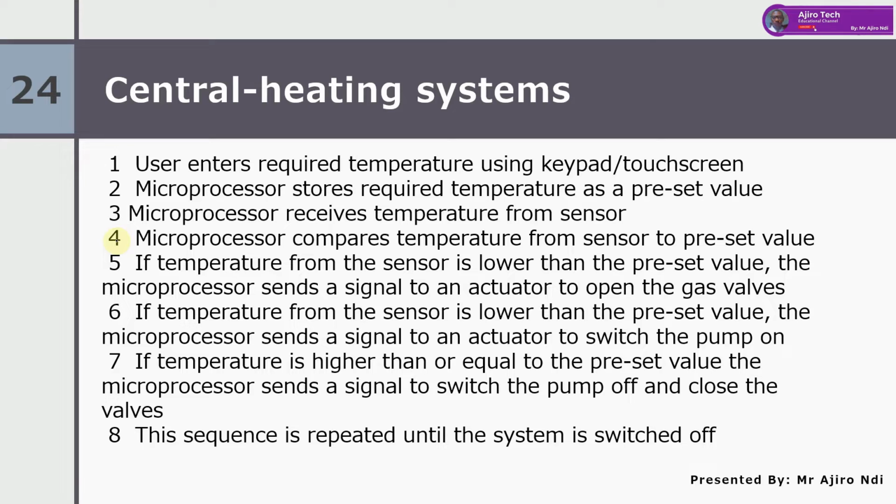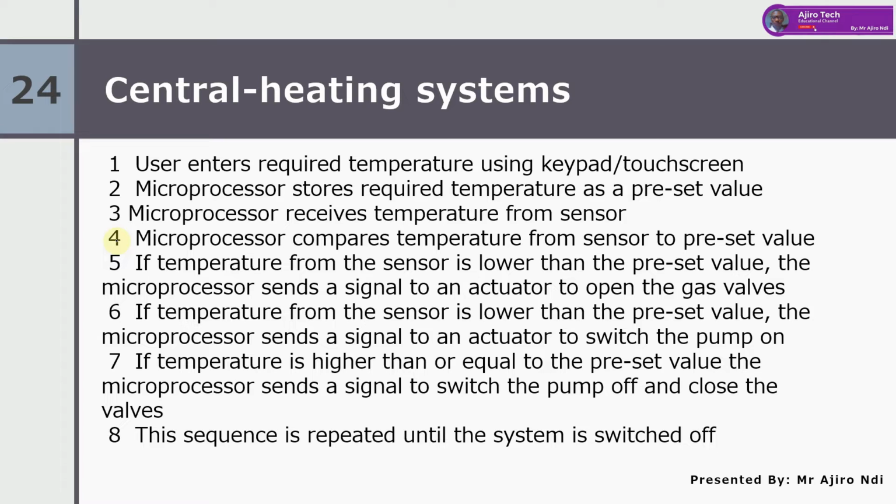Now, for the central heating system, right there on the screen, I've been able to automate the steps. The user enters the required temperature using the keypad. The microprocessor stores the required temperature as a preset value.